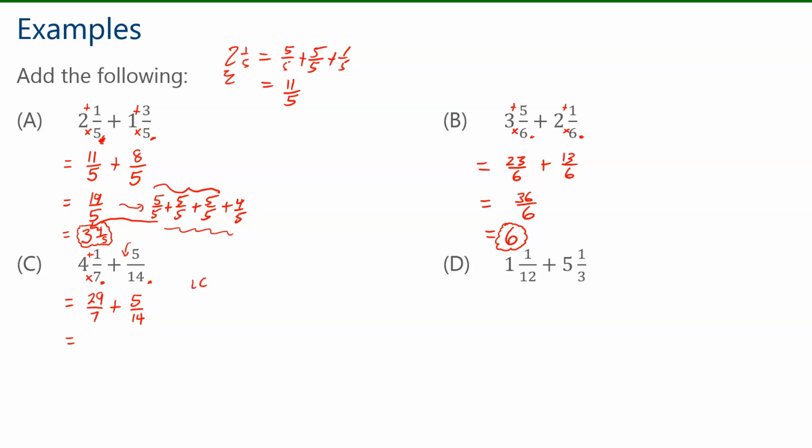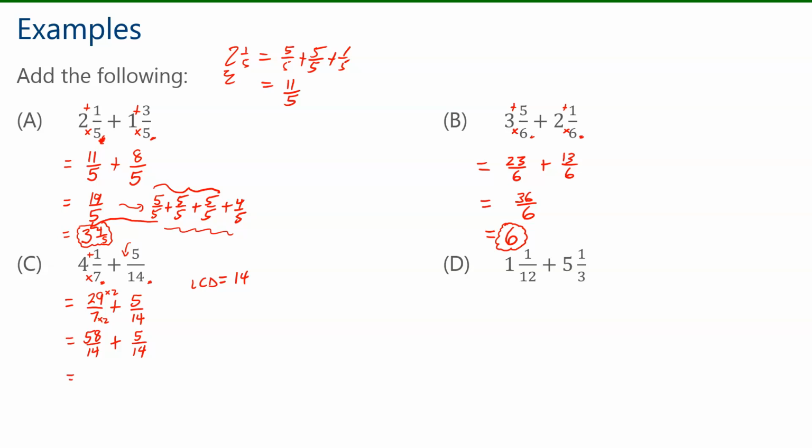So my LCD for 7 and 14 is 14. So I rewrite that first fraction with a denominator of 14. Just copy down the second one because it already has a denominator of 14. So 7 times 2 gives me 14. And if I double up 29, that gives me 58.